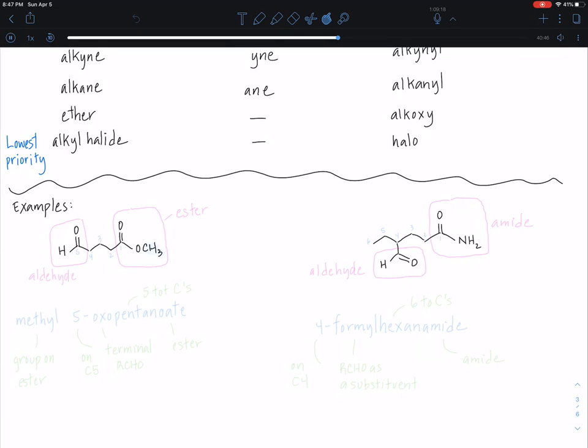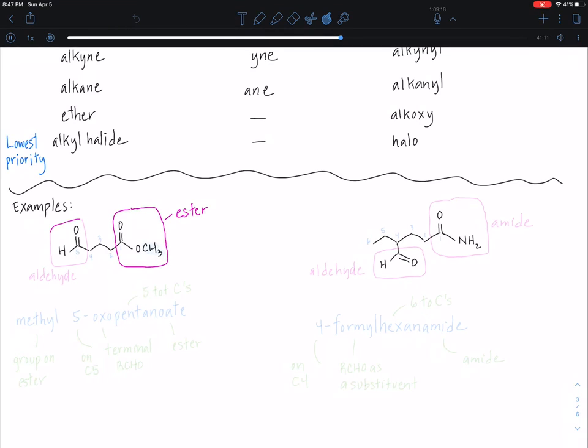And we were talking about esters being where we have the carbonyl, and then we have an oxygen, but instead of a hydrogen, where it would be a carboxylic acid, we have some other kind of R group. That's what makes it an ester. So this piece right here makes it an ester.